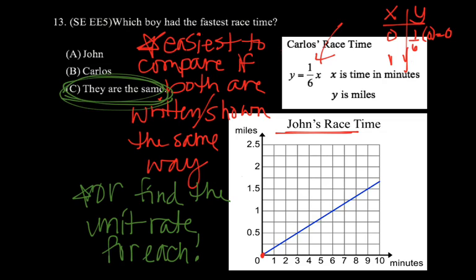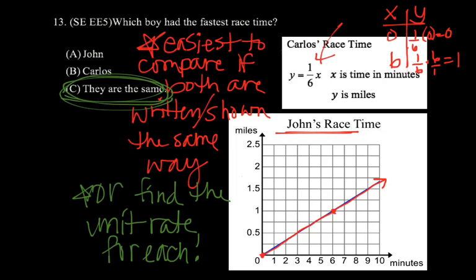If x is 1, I would say 1/6 times 1 equals 1/6. I have no idea how to plot that, so I'm going to pick a number that I know will create a whole number. The next thing times 1/6 that will create a whole number would be a 6. 1/6 times 6 equals 1. So I'd go over 6, up 1, and I'd notice as I'm plotting my points, they're the same points, which means I have the same line.